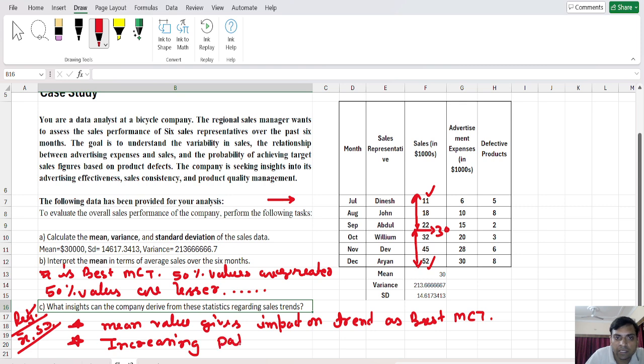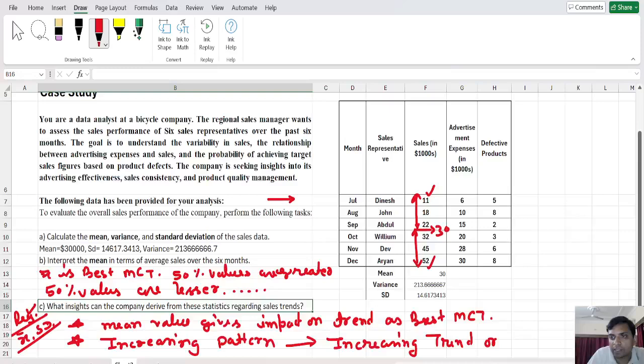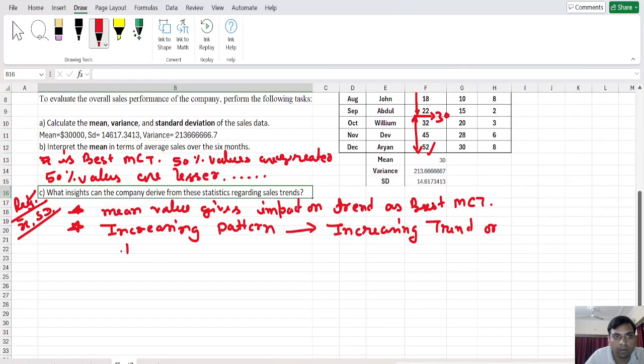Increasing pattern means we can say there is an increasing trend in data, or positive trend in data.